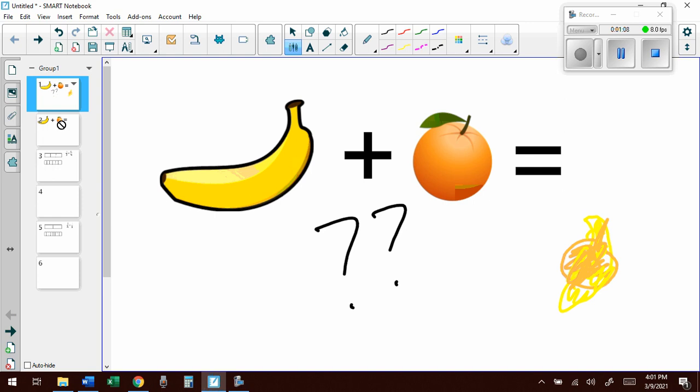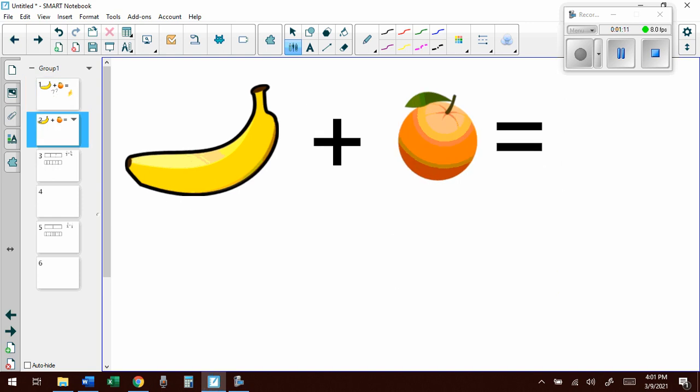But if we look at it from another perspective, what do bananas and oranges have in common? They are both pieces of fruit, so instead of labeling banana and orange, we find what they have in common and say that one banana plus one orange equals two pieces of fruit.